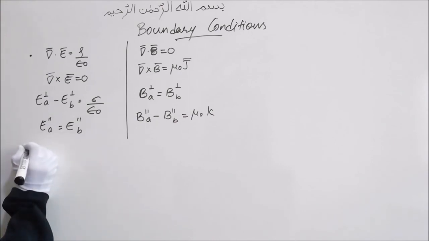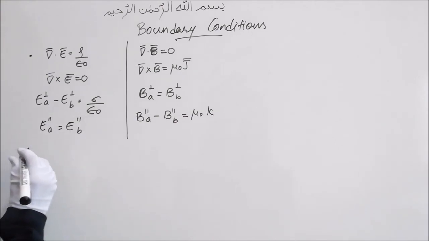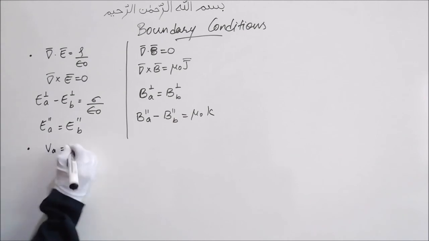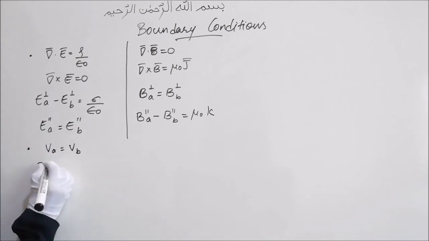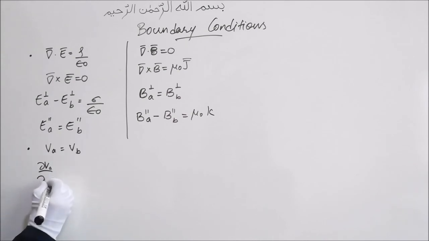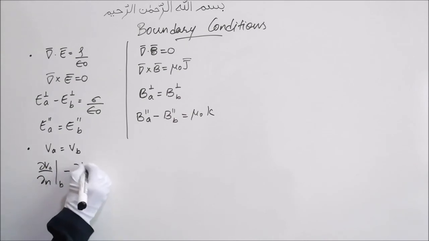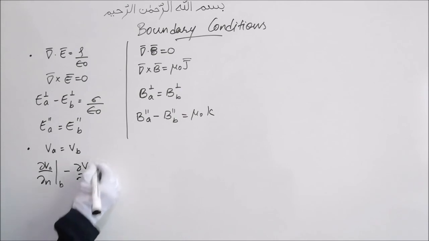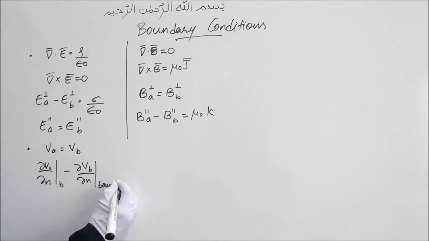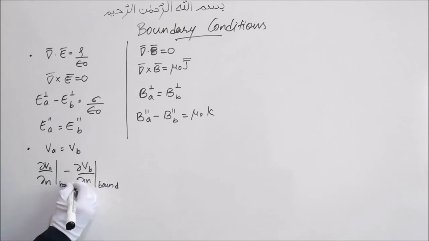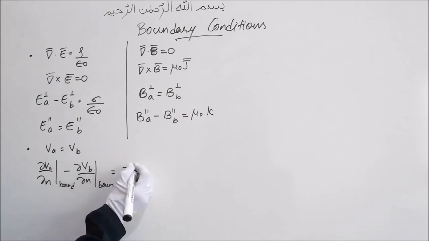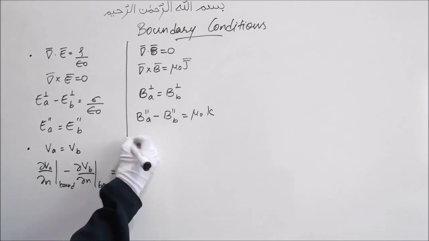For the potential, what did we see? For the potential in electrostatics, we saw V above is equal to V below, and del V upon del n above, at the boundary, minus del V below upon del n at the boundary is equal to minus sigma upon epsilon naught.